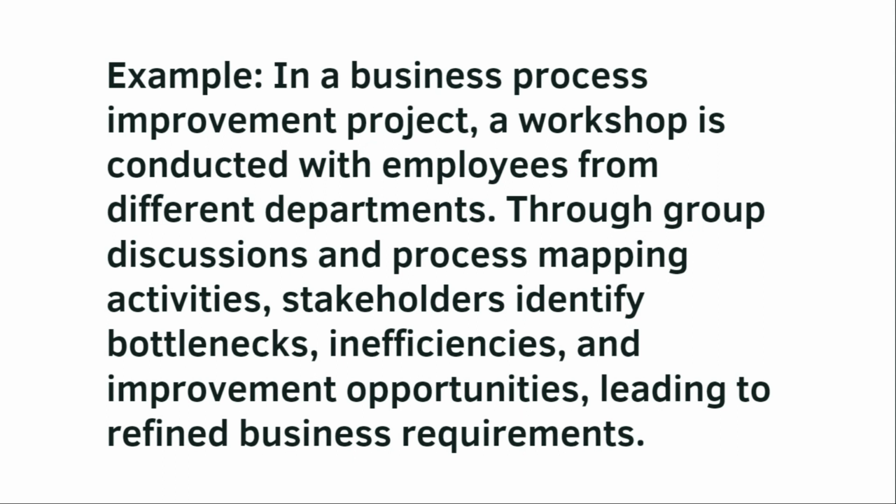So you can bring different kinds of employees from a department to discuss the problem, because each and every one will see the problem or the product in a different way. So you need to bring a lot of different stakeholders together and understand what difficulties or what kind of suggestions they have when it comes to a new product that you are building or any enhancement that you are doing.